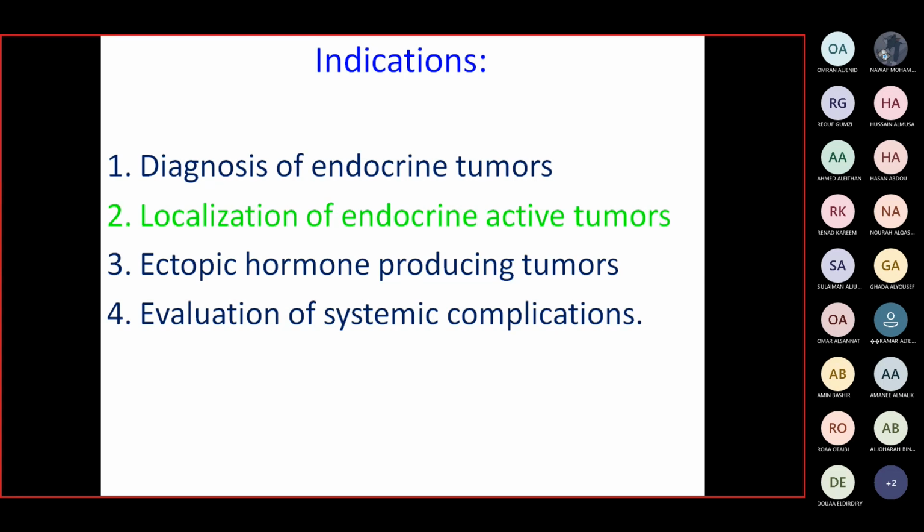Localization of endocrine active tumors. When there is an active tumor, an active nodule, for example in the thyroid gland, or also assessment of ectopic hormone producing tumors.